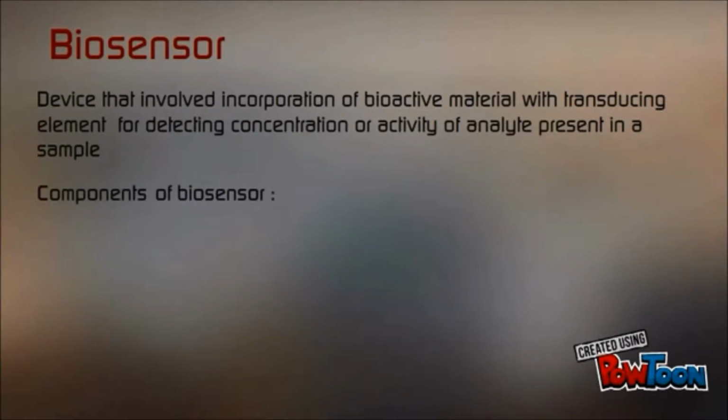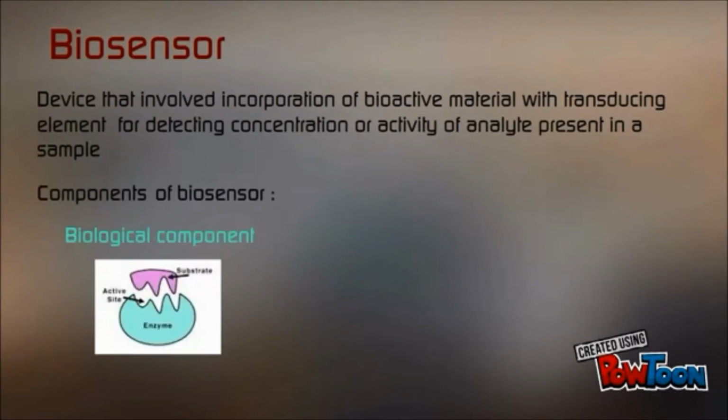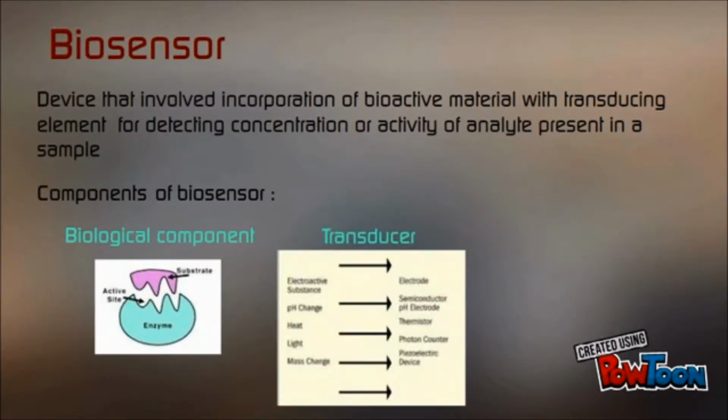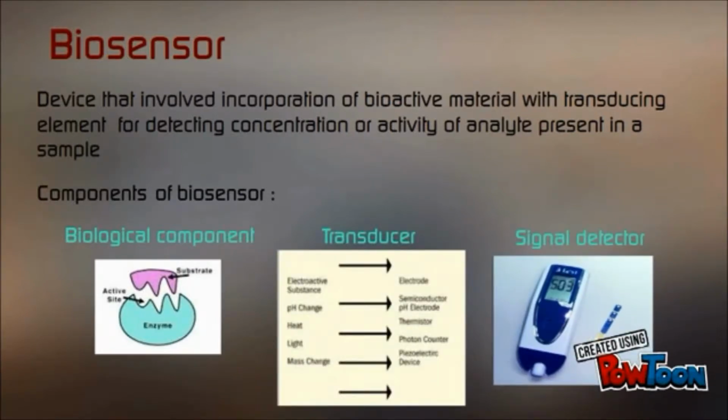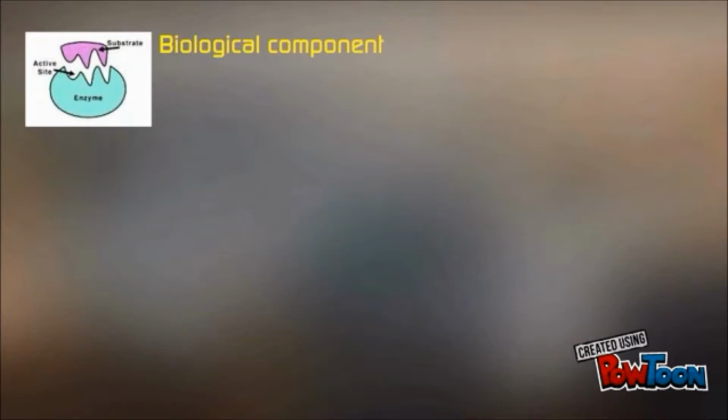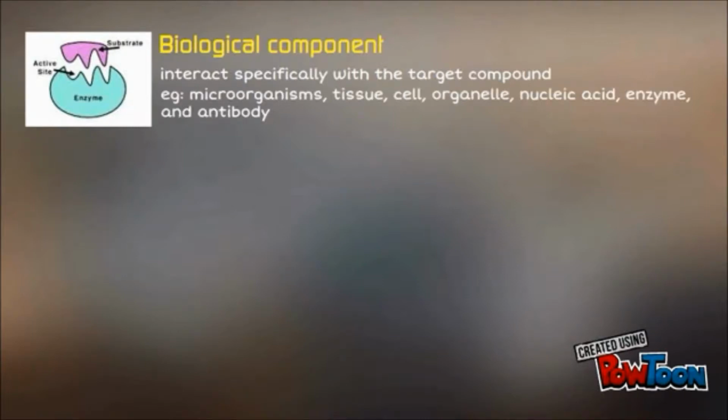Components of a biosensor consist of a biological component, a transducer, and a signal detector. The biological component is used to interact specifically with a target compound, such as microorganism, tissue, cell, organelle, nucleic acid, enzyme, and antibody.